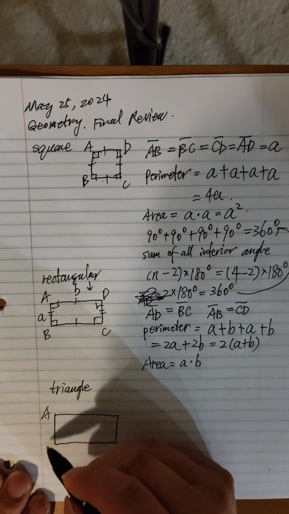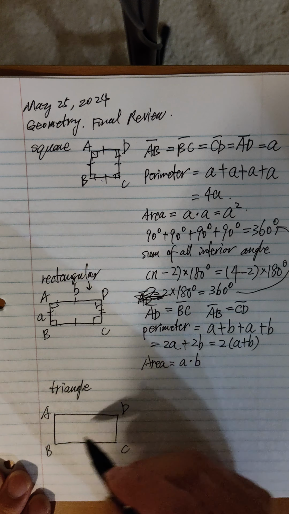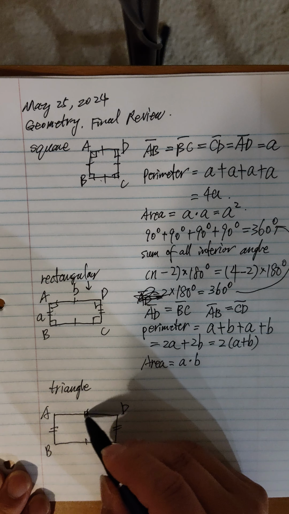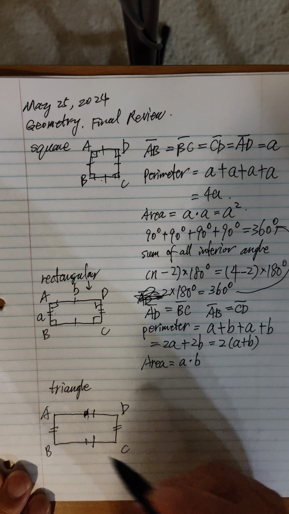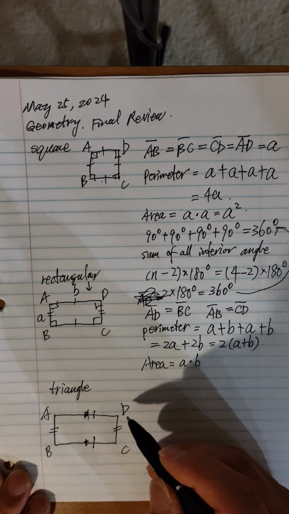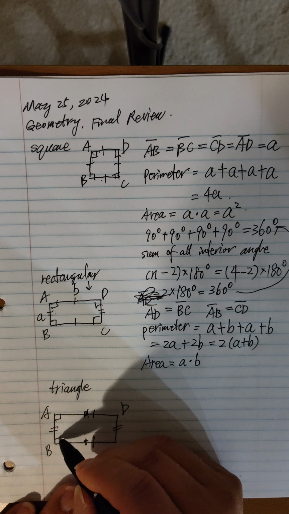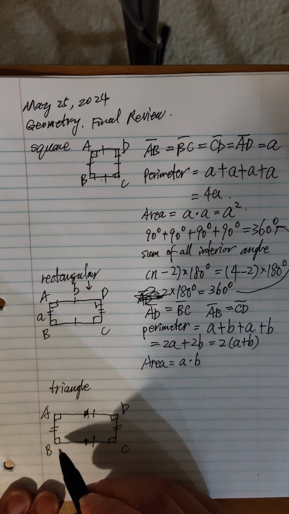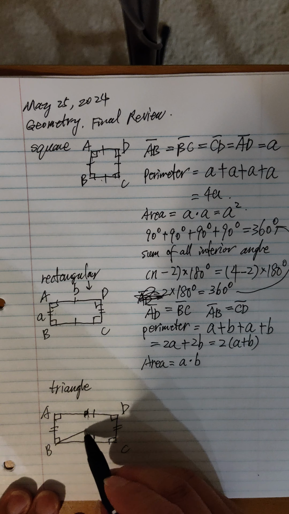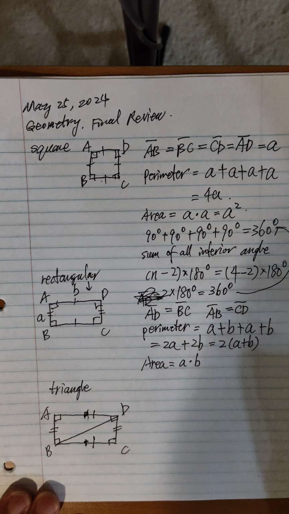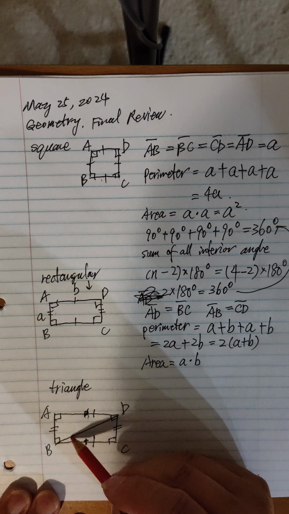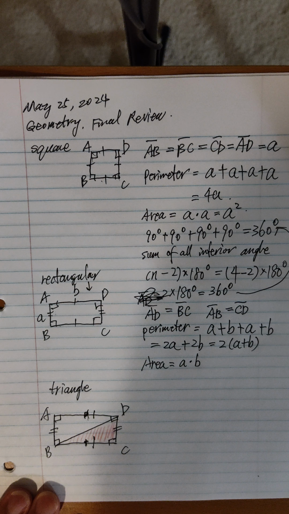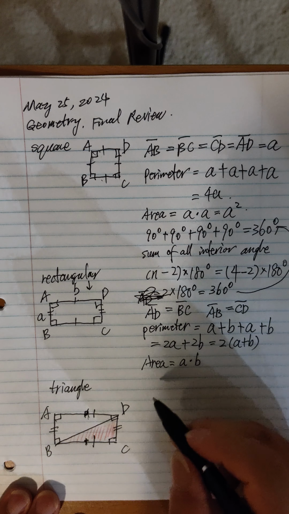So it's A, B, C, D, and the top and the bottom sides are the same. Then we have 4 angles, they are 90 degrees. Now let's connect the diagonal, which is B and D, for instance. Notice here it forms a triangle.